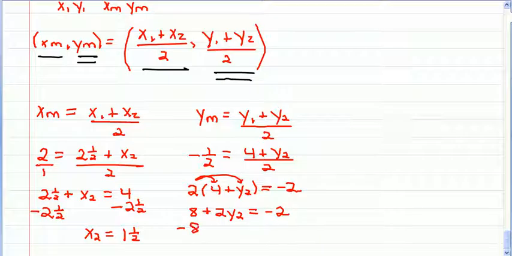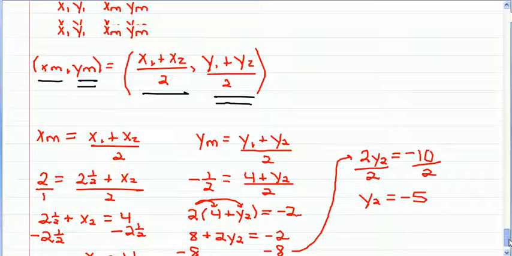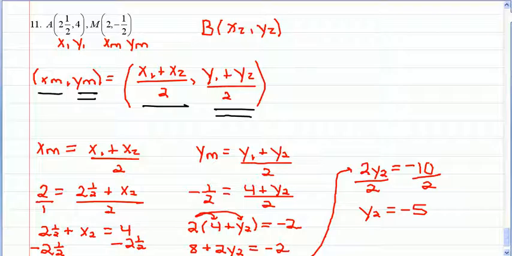And then subtract 8 from both sides. So 2 times y sub 2 is equal to negative 10. So that y sub 2 is equal to negative 5. So point B is equal to 1.5, negative 5.